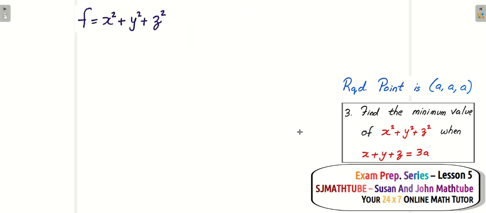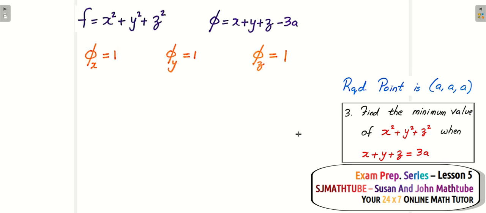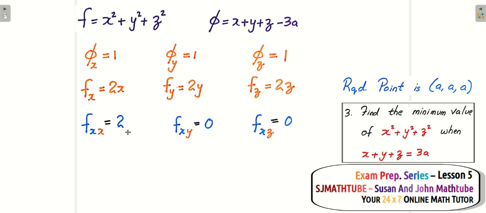I told you before you find delta 1 and delta 2, make sure you do these things systematically. So here we go. We have phi x, that means the partial derivative of phi with respect to x, y and z, and then our fx, fy, fz, and the second derivative.